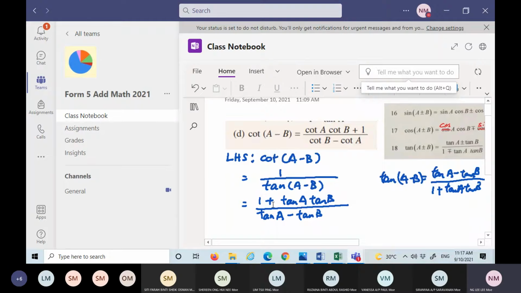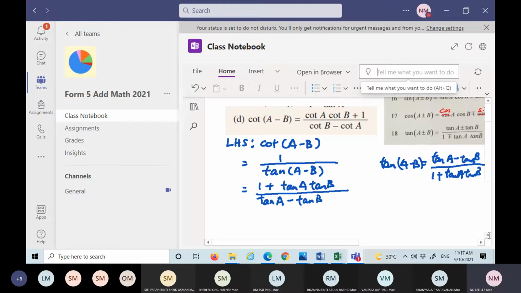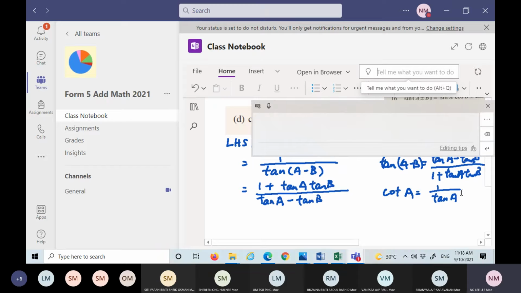Okay, then continue. So you see the right hand side, what I'm going to reach is cotangent. So means all this tangent, I got to change it to become a reciprocal. What's the meaning? Okay, you see, if you say that cotangent A is equal to 1 over tangent A, this one you know, right?